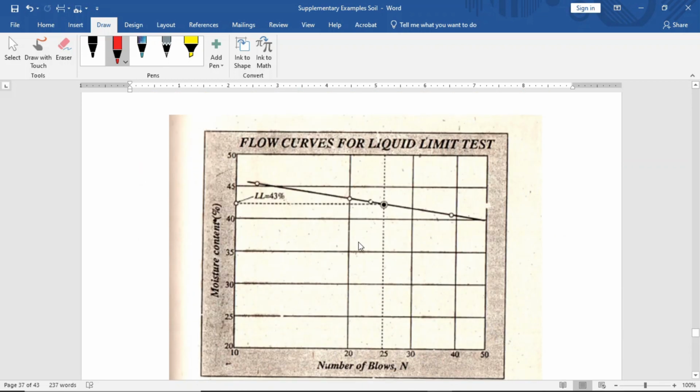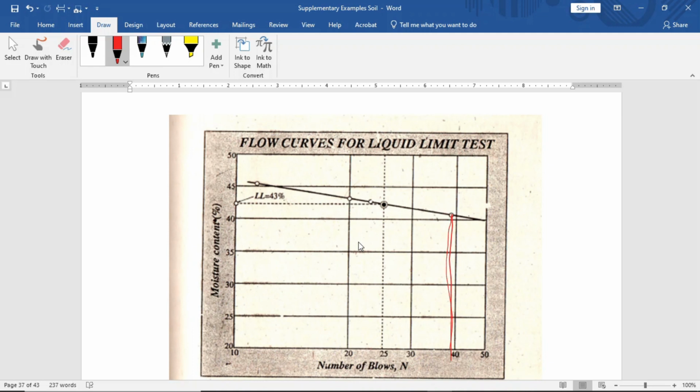Pero ito, sabi sa problem natin, mas malalaki yung interval. So, ito na yung ano natin. First is 39 blows. Ito yung 39 blows.